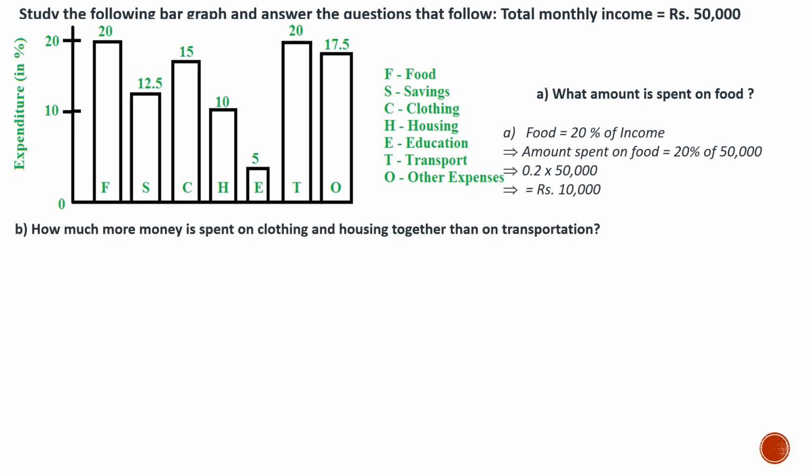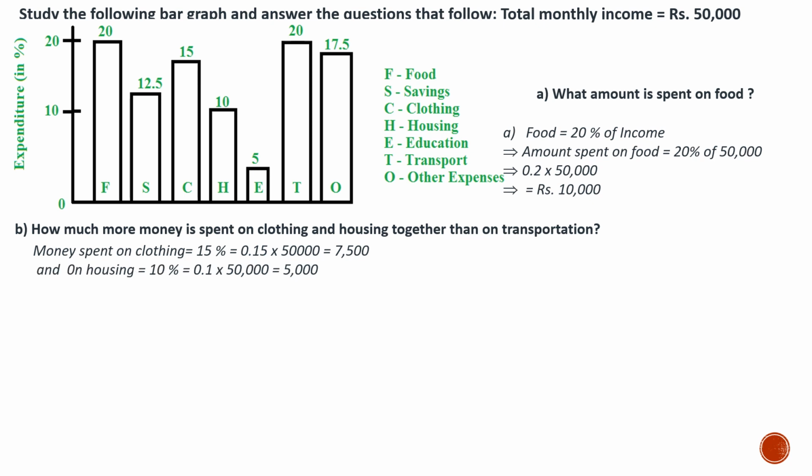How much more money is spent on clothing and housing together than on transportation? Now money spent on clothing is 15%. So 15% will be 0.15 into 50,000, 7,500. On housing it is 10%. So 10% of 50,000 will be 5,000. So total money spent on clothing and housing together is 7,500 plus 5,000, 12,500.